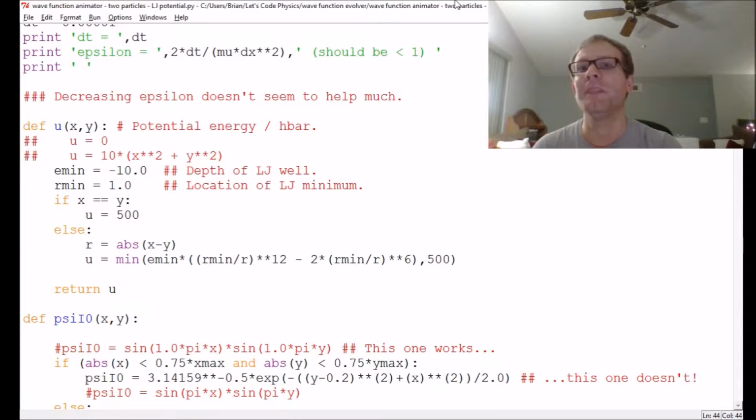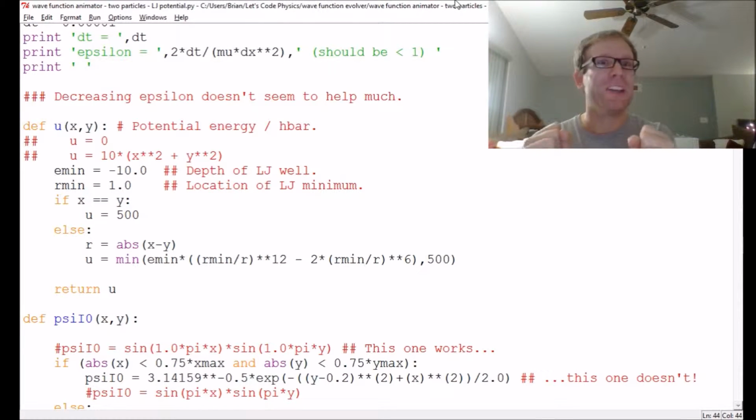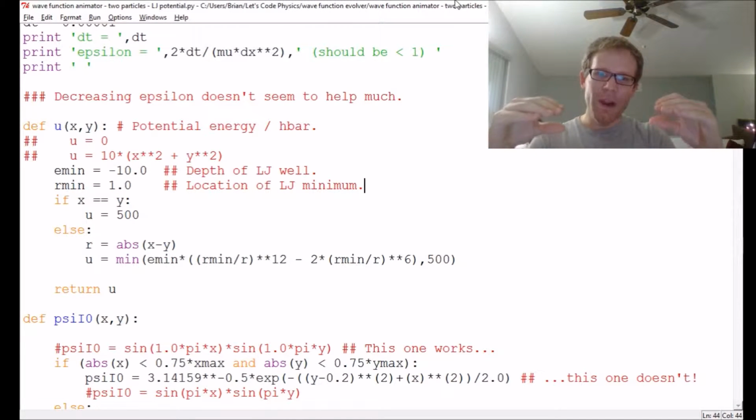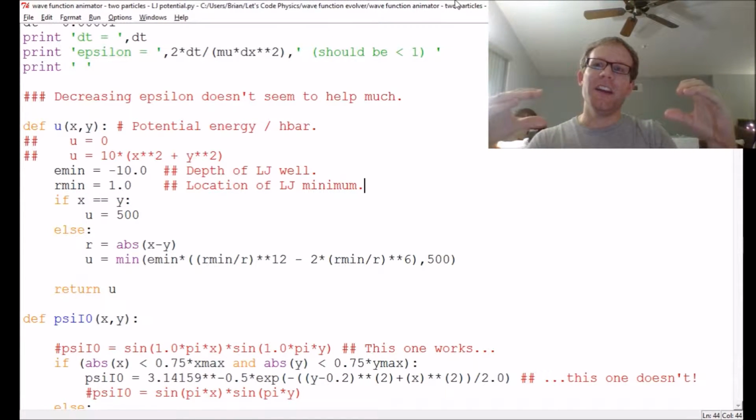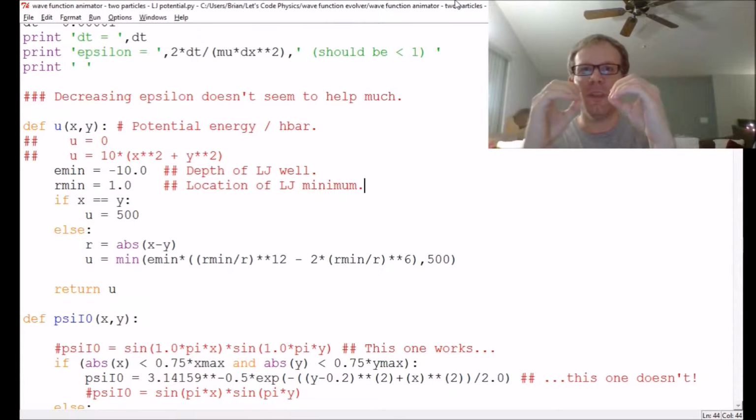So for example, if you wanted to model protein folding, one of the ways you might do that would be through this thing called the Lennard-Jones potential, which models neutral particles or neutral molecules, clusters of particles, where at a very far distance, they're not going to have any effect on each other. But as they get closer, they start to attract each other. But when they get too close, they repel each other.